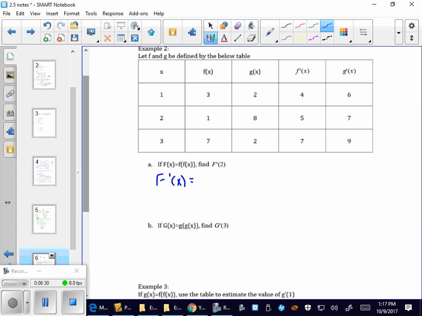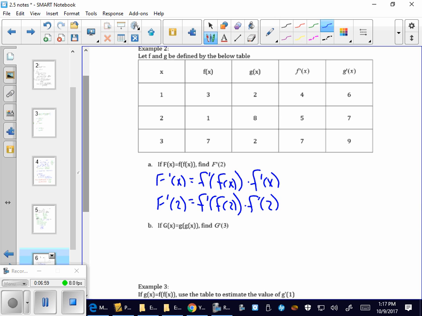Well, it is the derivative of the outside, which is f prime of f of x, times the derivative of the inside, which is f prime of x. And then since I want to find capital F prime of 2, replace the x's with 2's, and we'll simplify. So f prime of f of 2 times f prime of 2.